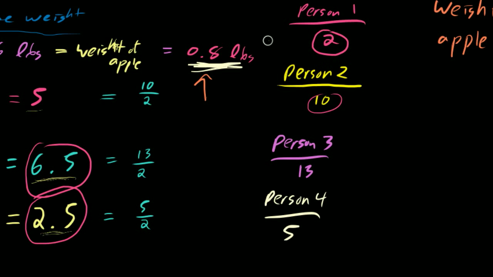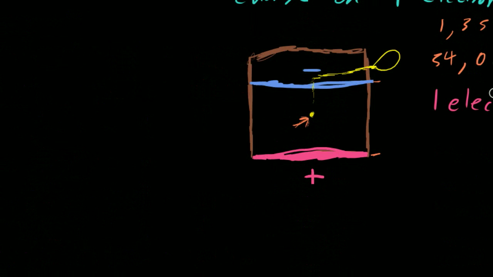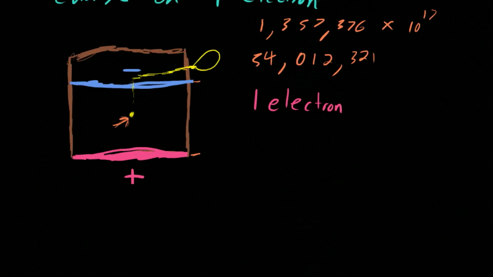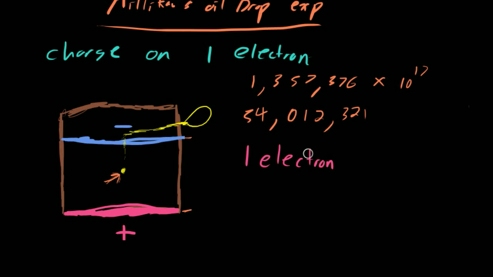But the important thing to see is that when we make a guess as to what the charge on one electron actually is, and we take the ratio of that charge to how many electrons would have been in this little drop of oil, and we do that over 100 different trials, we are eventually going to figure out what the charge is on one electron.